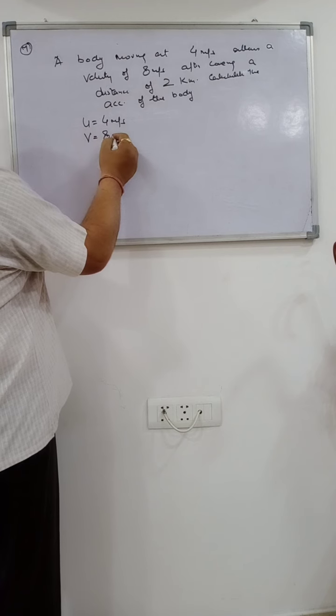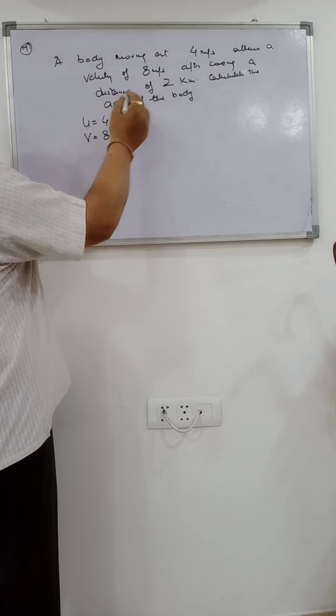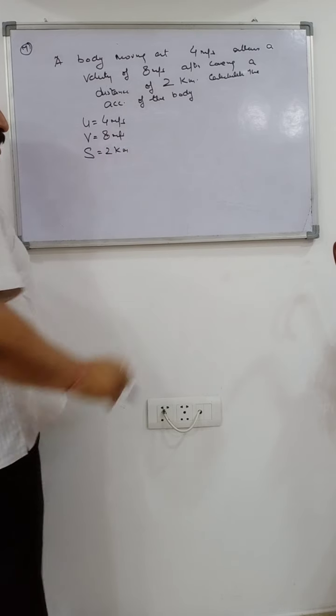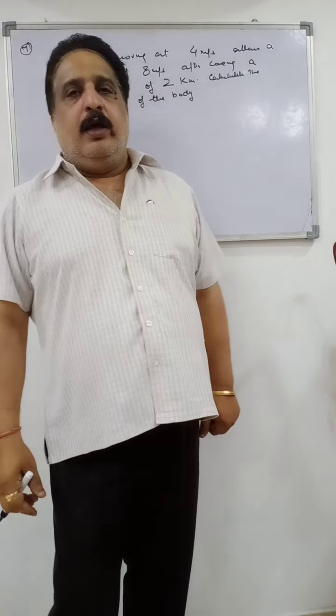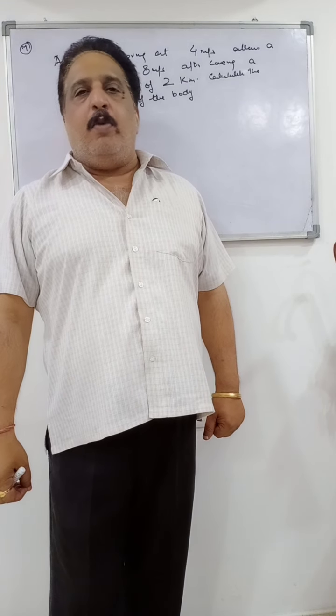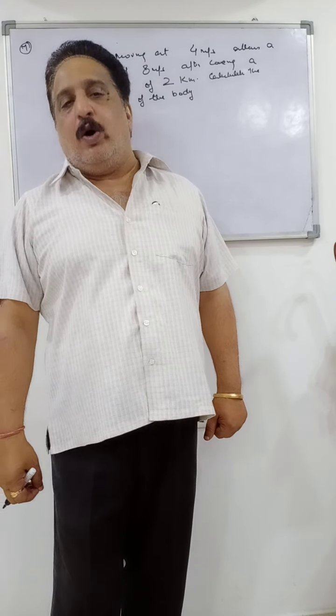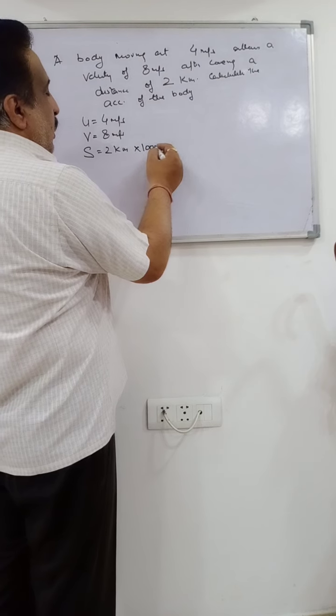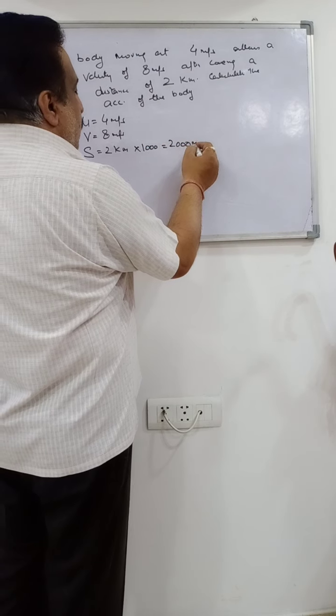Final velocity is 8 meter per second after covering a distance of 2 kilometers. Now this is kilometers. Mind you, I told you that all distances have to be changed into meters. How many meters are there in a kilometer? 1000. So you multiply kilometers by 1000 to get the distance in meters. 2 into 1000 is equal to 2000 meters.